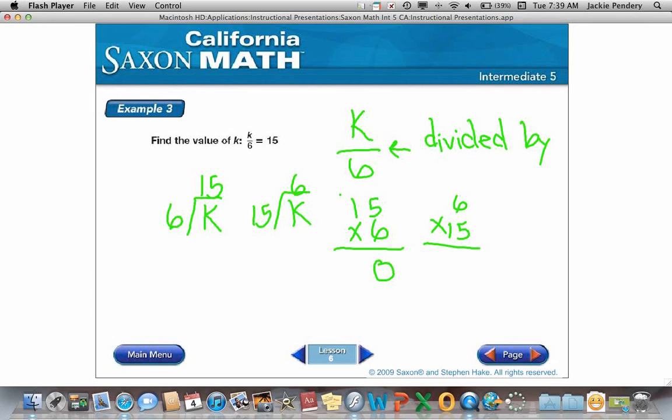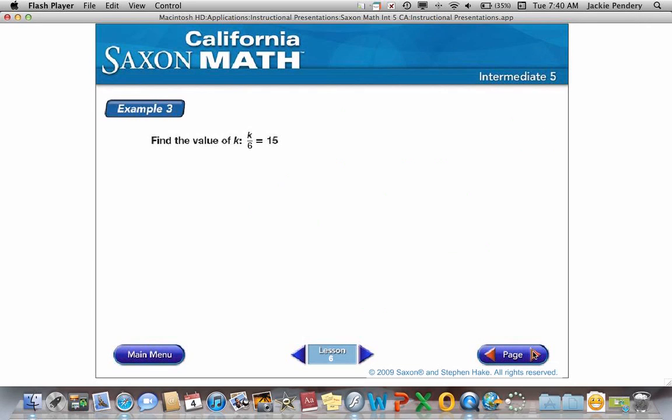Carry the 3. 6 times 1 is 6, plus 3 is 9. So K equals 90. Because K is my dividend, I have to multiply the divisor and the quotient in order to reach my answer. All right, let's go on to example 4.